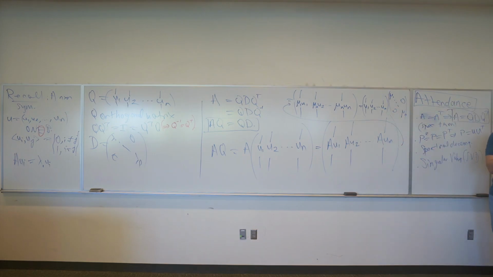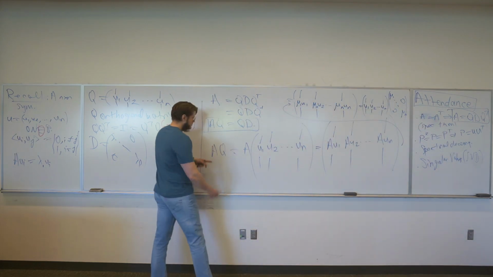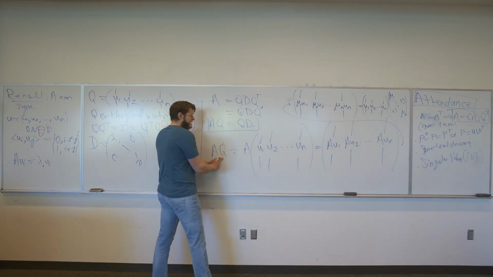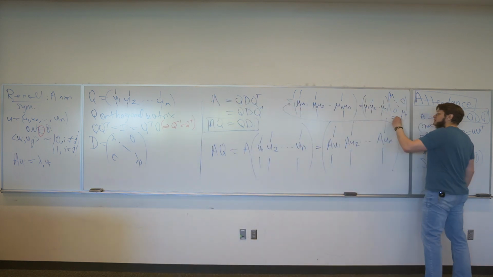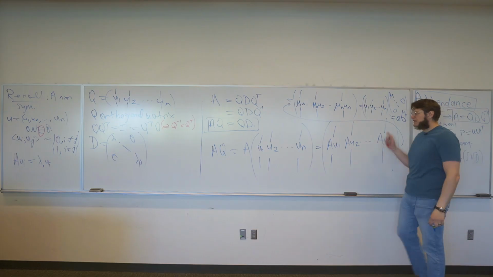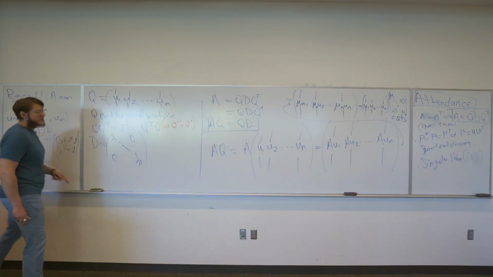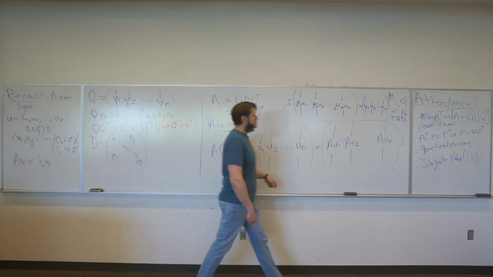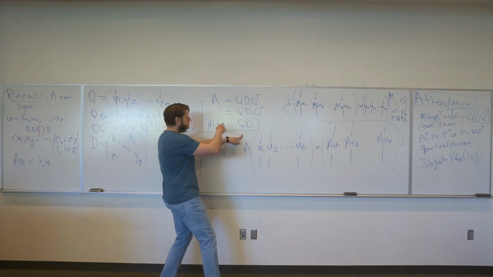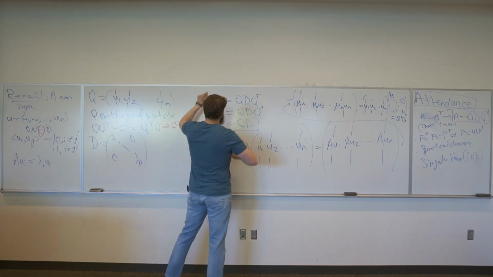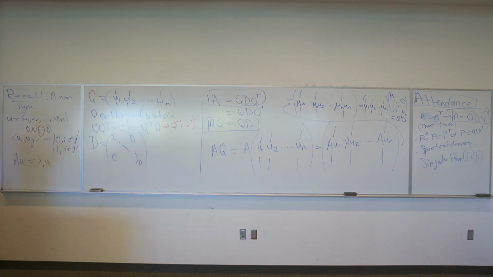So what I did was start with AQ, expand everything, and realize AQ equals QD. Just by virtue of having an orthonormal eigenbasis, AQ equals QD, which, since Q is orthogonal, is the same thing as this factorization that we were looking into.